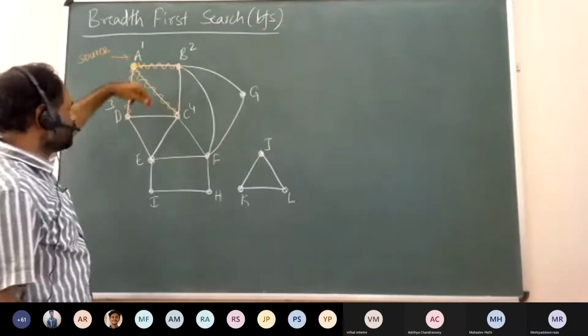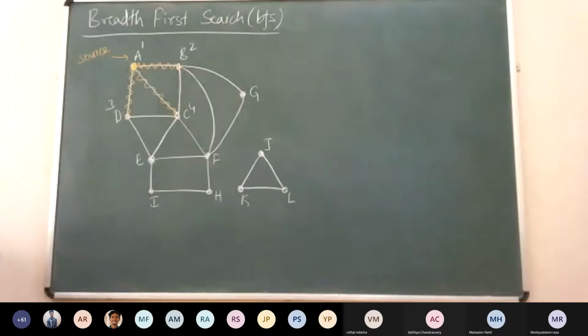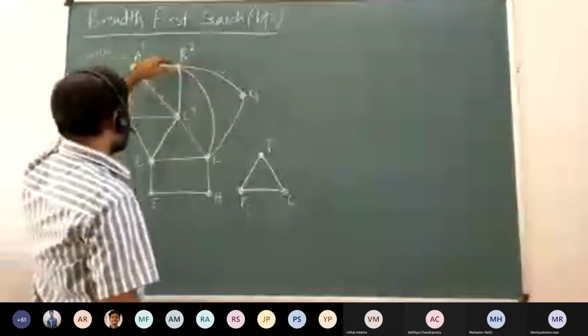Now we have visited all the neighborhood of A. Then we go to the vertex that was visited just after A. Among the neighbors, B was the first vertex visited.